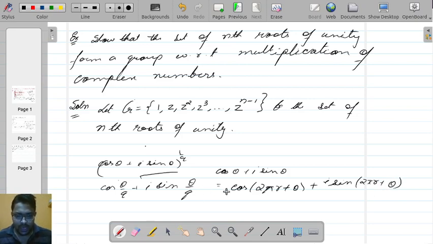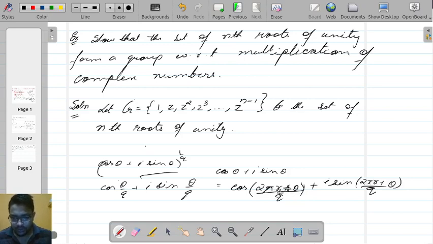So the q values of this cos theta plus i sin theta to the power 1 by q are given by this expression. Earlier I had made a mistake: it's twice pi r plus theta, by q, and not what I had written. And for r equal to 0 up to q minus 1. For r equal to q there will be a repetition.